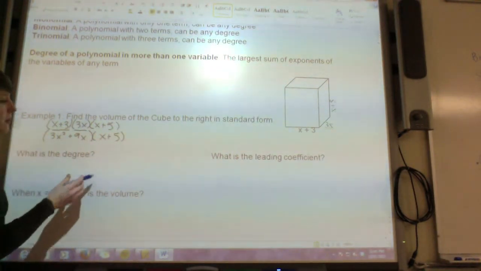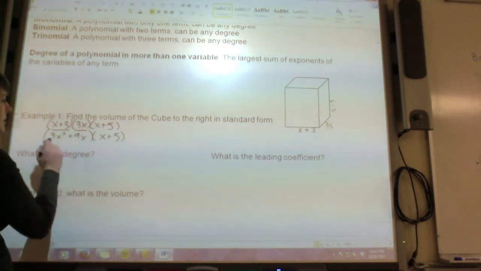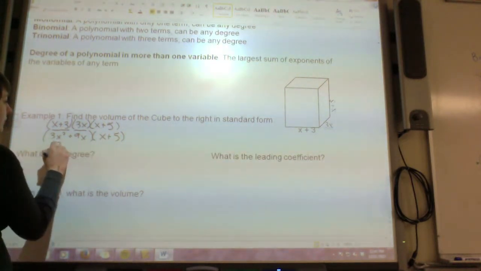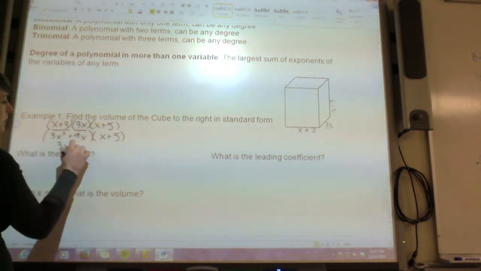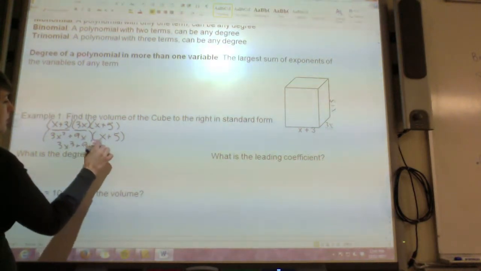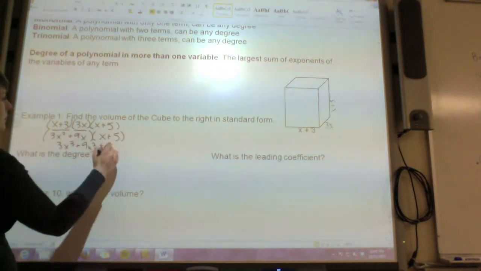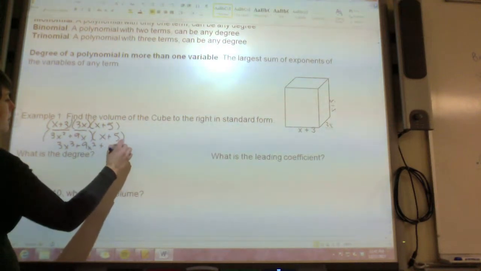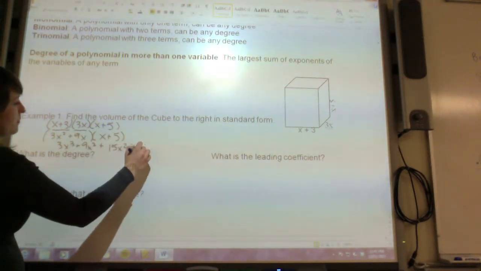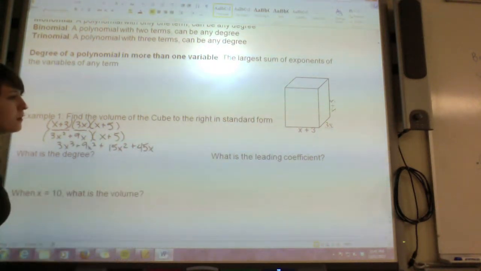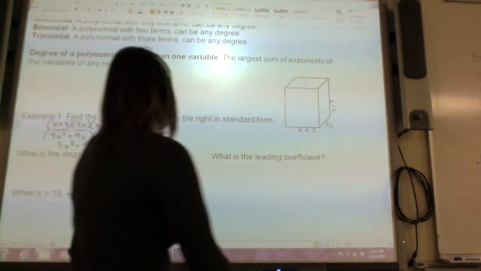And I'm going to take that one and I'm going to FOIL it with this. Okay, now I'm going to simplify.